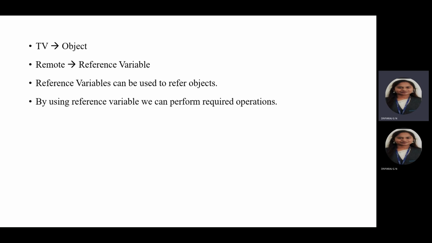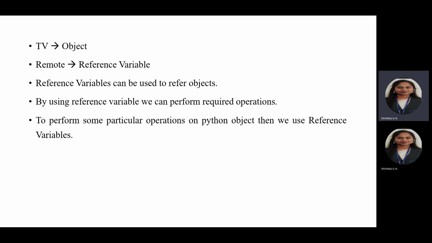Okay. So by using reference variables, importantly note this, if you want to perform any operations, you can use reference variables, and to perform some particular operation in Python object, we use reference variables, and variables used to refer objects, we call it as reference variables. Note down this point.